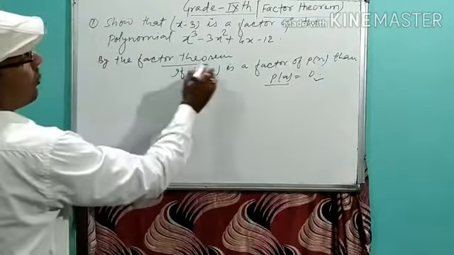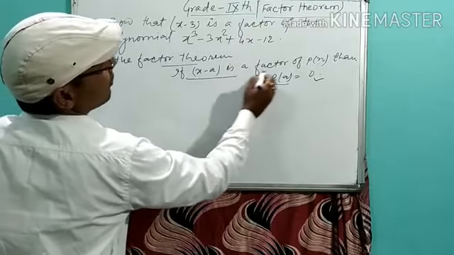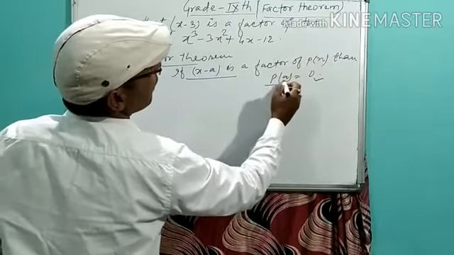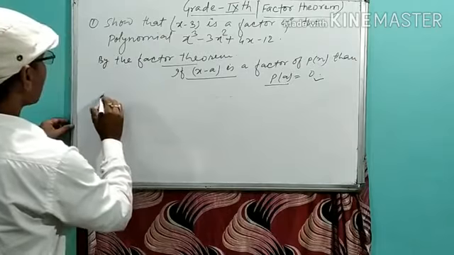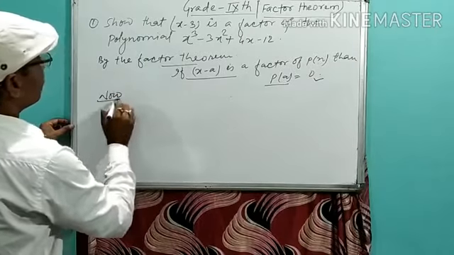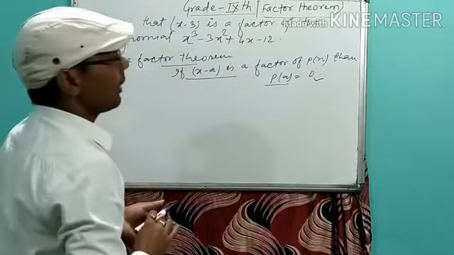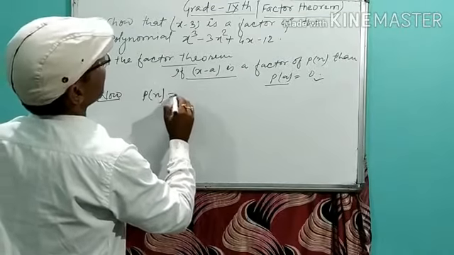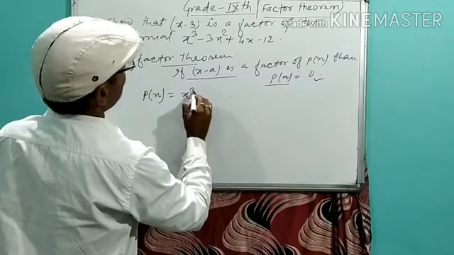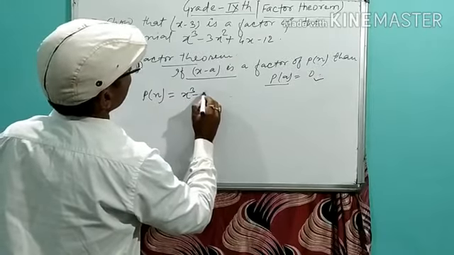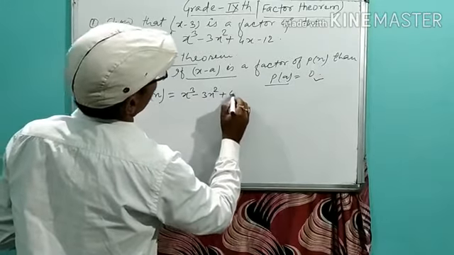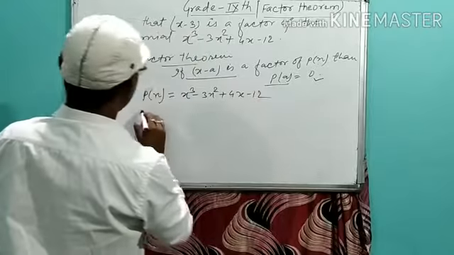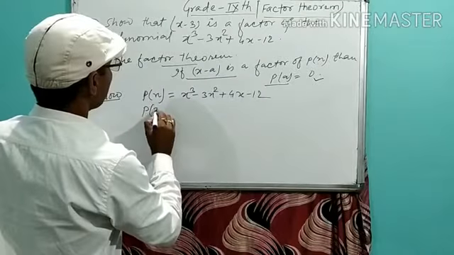So, by the factor theorem, if x minus a is a factor of p(x), then p(a) equals 0. Now, to verify, suppose here is p(x). p(x) is equal to x cube minus 3x square plus 4x minus 12. Okay, now we have to put 3 here.